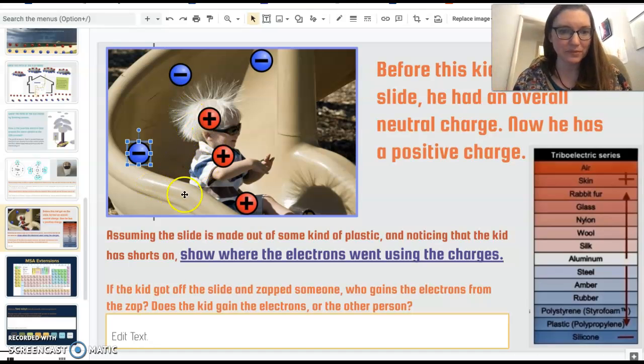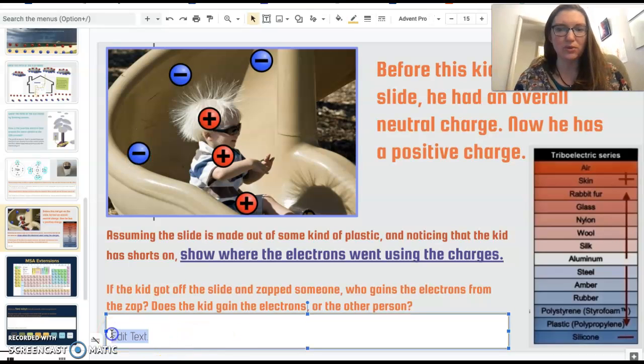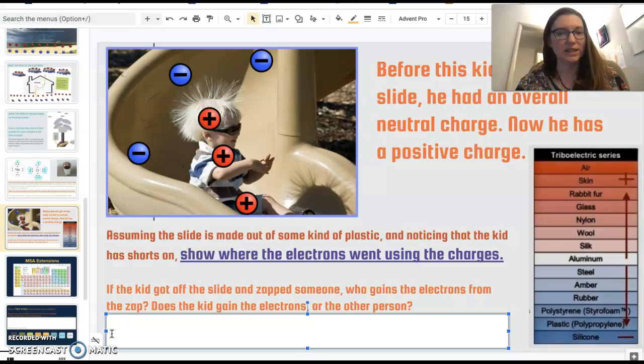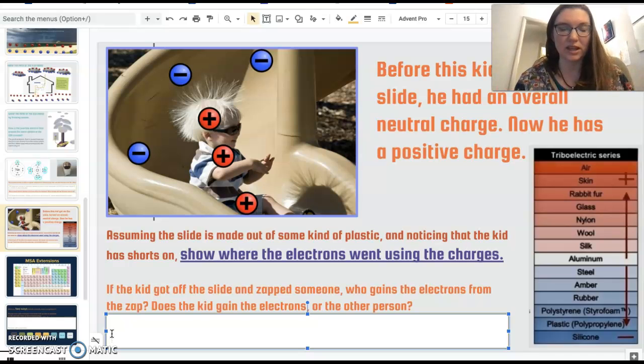All right, so if the kid got off the slide and zapped someone, who gains the electrons from the zap? Does the kid gain the electrons or the other person? This kid is the one that has the positive charge. He's the one that's missing the electrons because he gave them to the slide. So when he touches somebody, he's going to gain their electrons. I think both people are going to feel that shock, but he's really the one that's gaining the electrons.